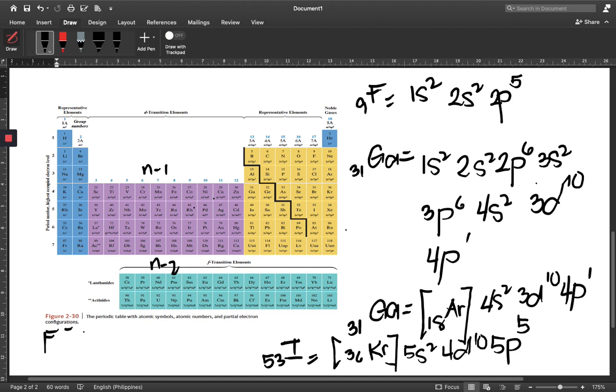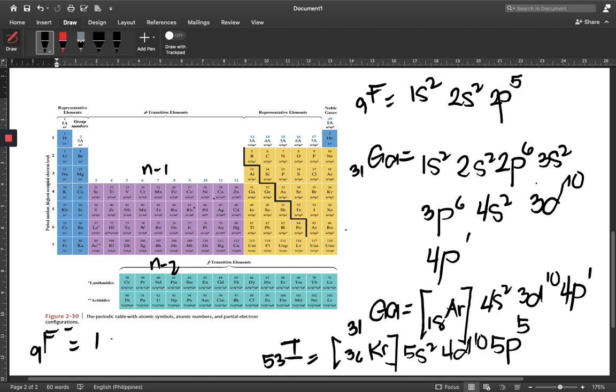It has been ionized and has an added negative charge. So instead of 9 electrons now, the atomic number is still 9, but this time the number of electrons isn't 9 anymore. It must be 10. So where do we place that one electron?